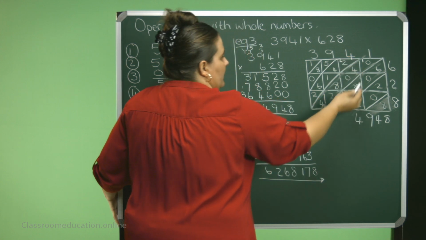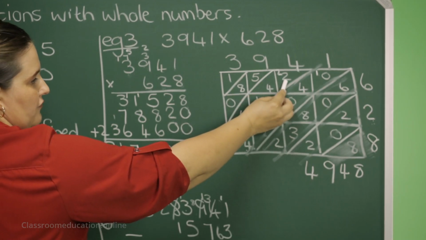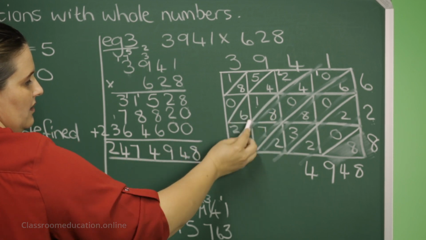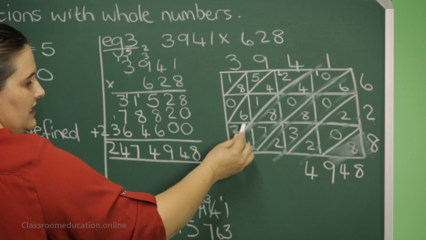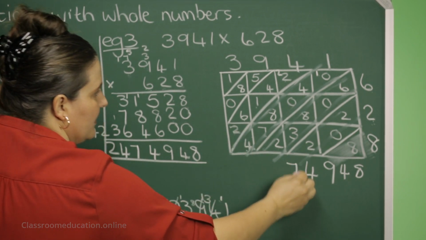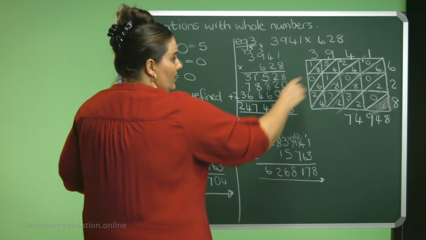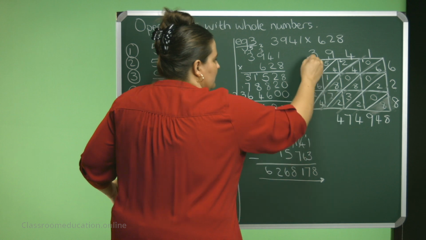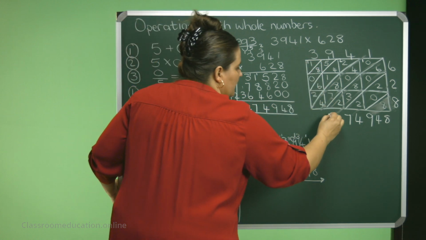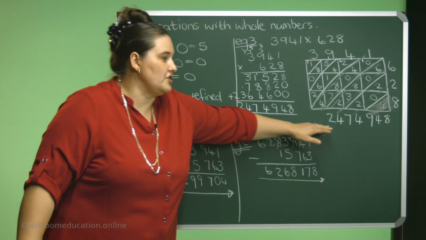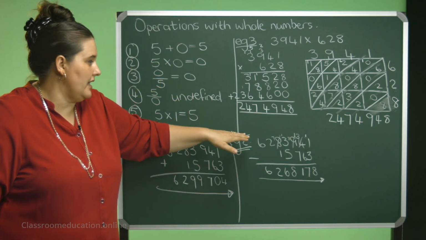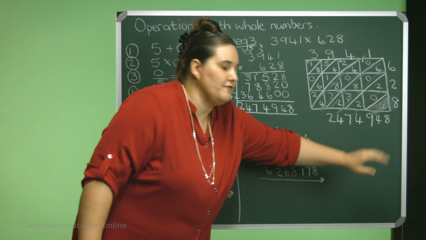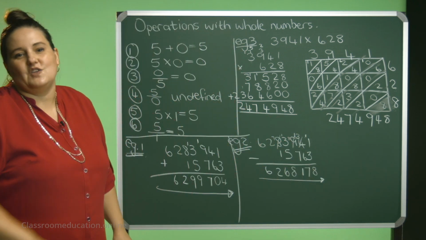The 2 over. 2 plus 2 is 4, plus 4, 8, plus 9, plus 6, 15, plus 2, 17. 1 plus 5 is 6, plus 8, 14. 1 plus 1 is 2. And let's check to see whether our answers are actually the same. 2,474,948. Yes, we did it the same.